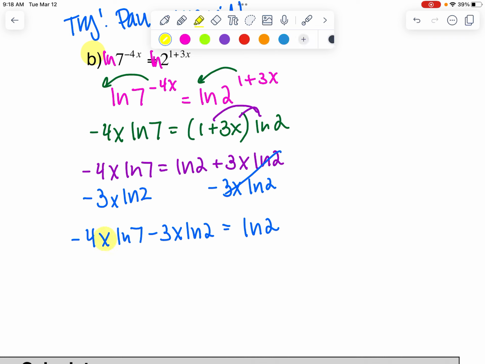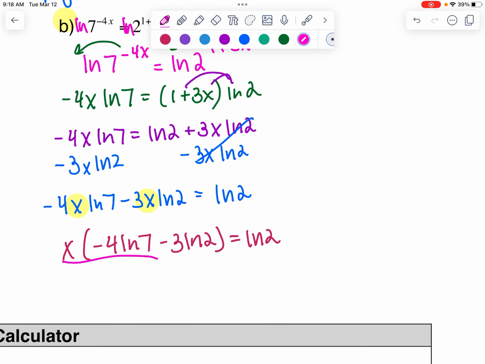You're going to see that, okay, on my left-hand side, we have that common factor of the x. So I'm going to just factor it out. I get x times negative 4 ln of 7 minus 3 ln of 2 is equal to ln of 2.